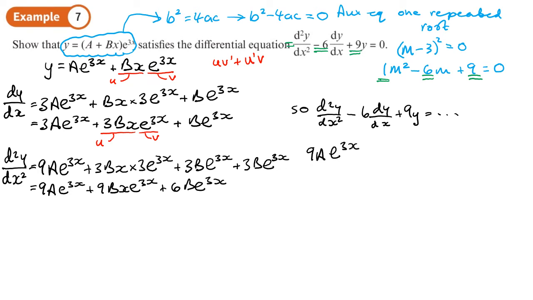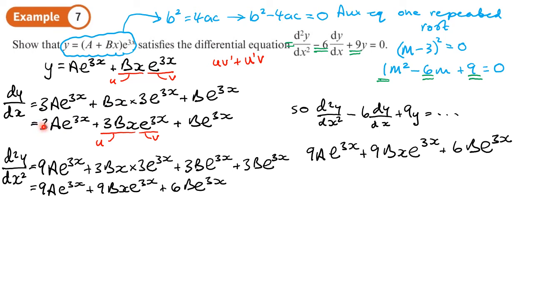So this will be my d squared y over dx squared. Then I'm going to take away 6 lots of this, so I'm going to write them times by 6.